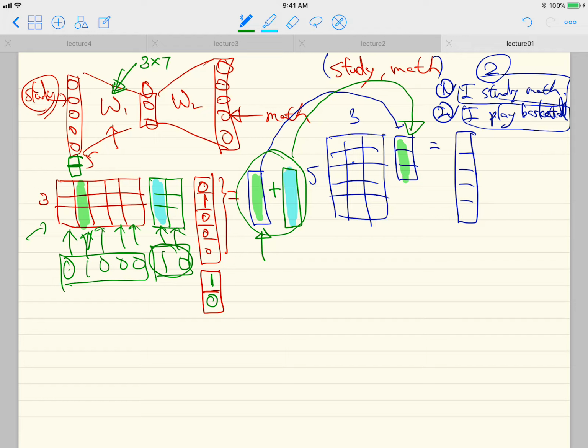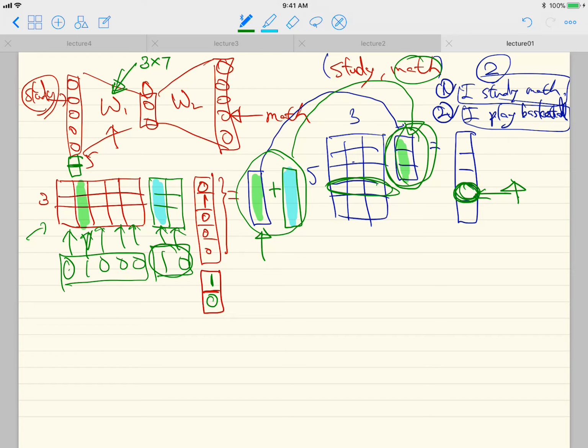So the output word was mass, and then mass was corresponding to here, right? So we want to increase the probability corresponding to here, and what does that mean? As we already studied, the similarity between this input center word and this guy, the actually observed context word vector, should be maximized, right?